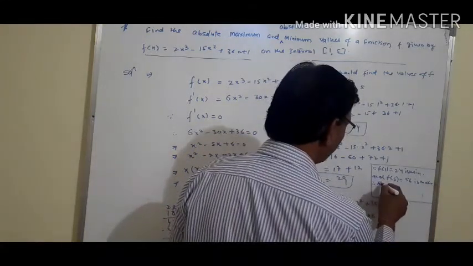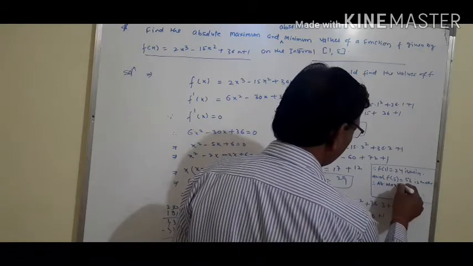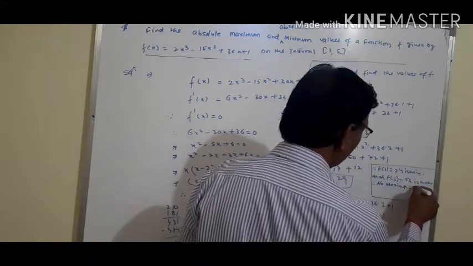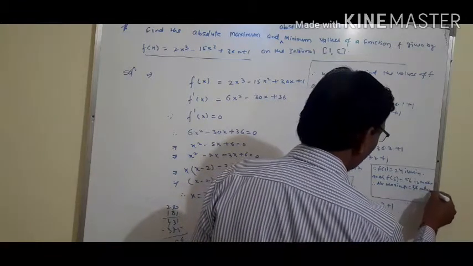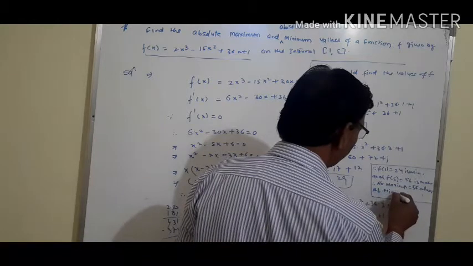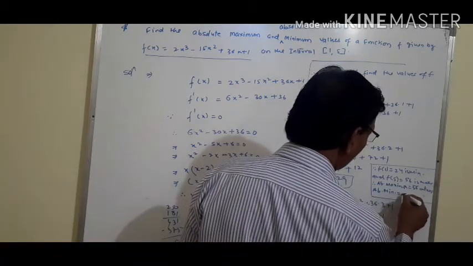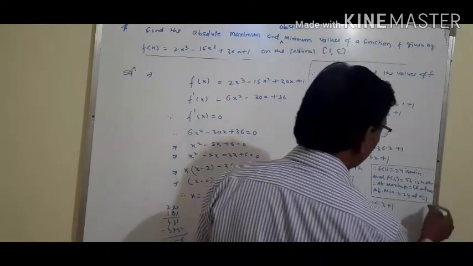Therefore, the absolute maximum equals 56 at x equal to 5 and the absolute minimum equals 24 at x equal to 1. This is the answer.